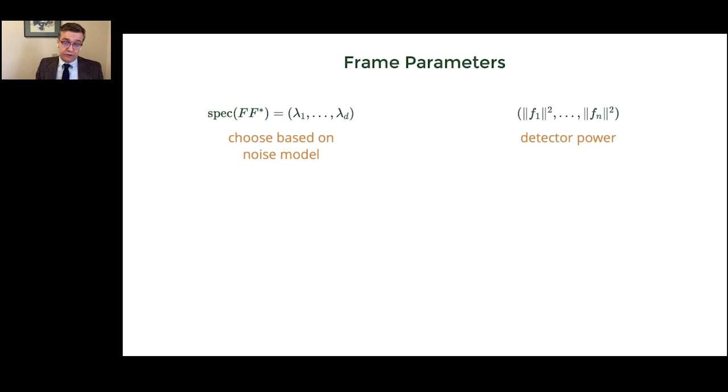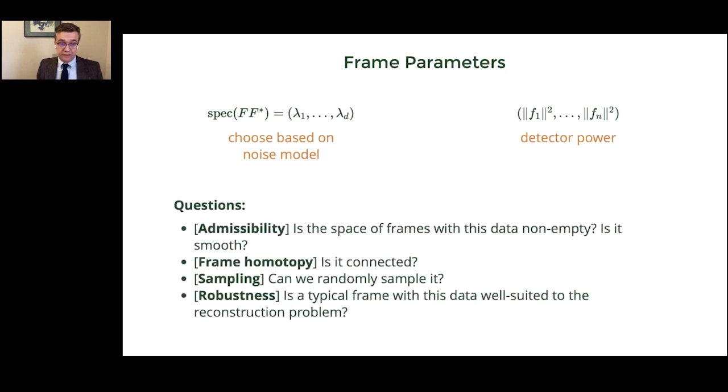And there are various natural questions to ask. The most basic one being, is that even possible? If I choose the spectrum of FF star and the norms of the columns, are those things even compatible? Can you form any frame that has those parameters? If there are some, what can you say about this space? Is it smooth? Is it connected? Can we sample points?